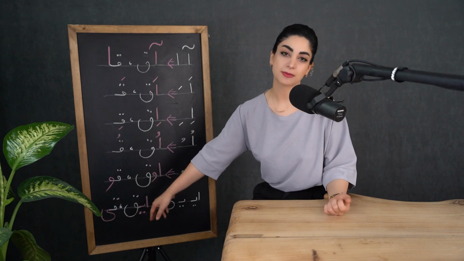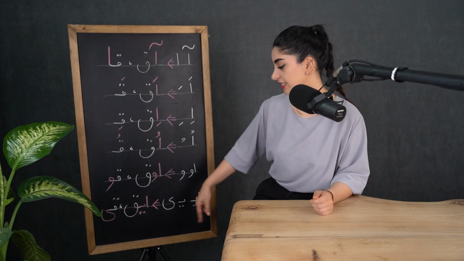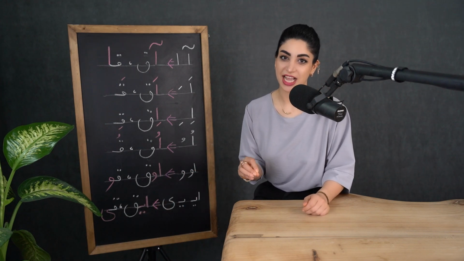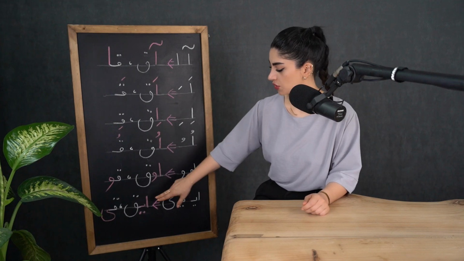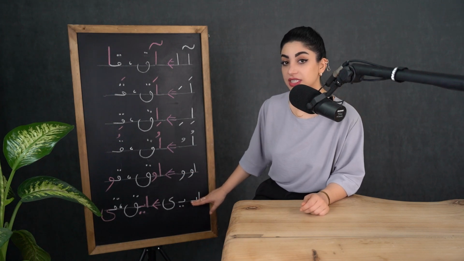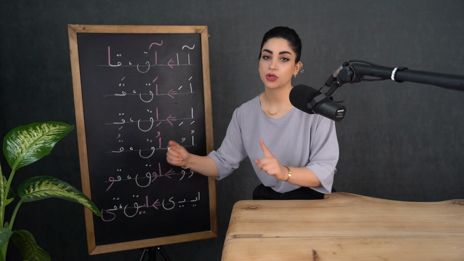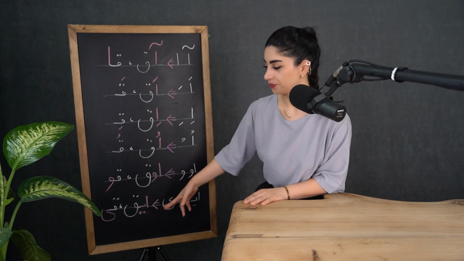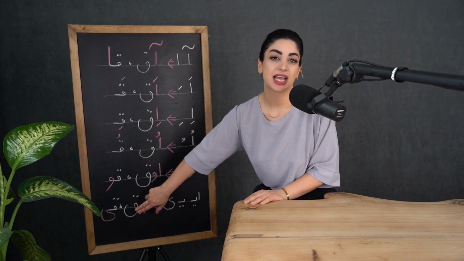So when this one comes here, I have first E. And we know that q can also attach from the back. So just like magnets, they attach to each other without changing form. So I have E, q.